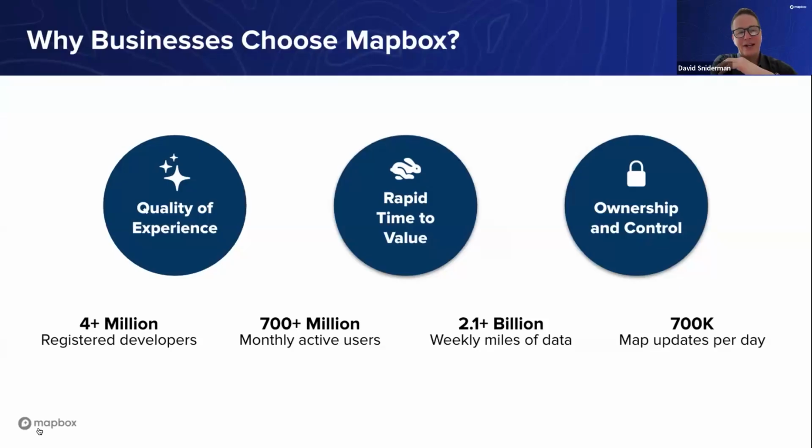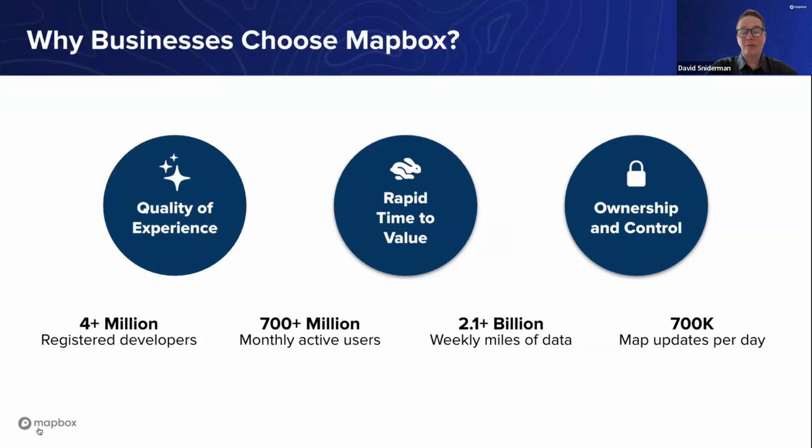So I wanted to talk about a few large experiences like those, but whether you're starting out, you're a developer and a company of one, or you're a company of hundreds, there are a couple reasons why we think customers choose Mapbox. Number one, I mentioned quality of experience. So the automotive example I showed you, that's very important for those types of customers because visually it needs to look great.